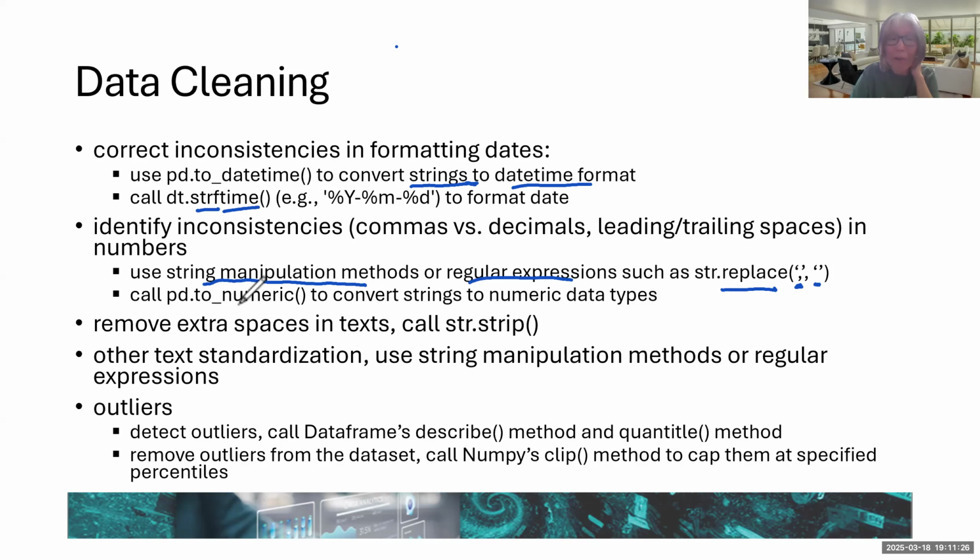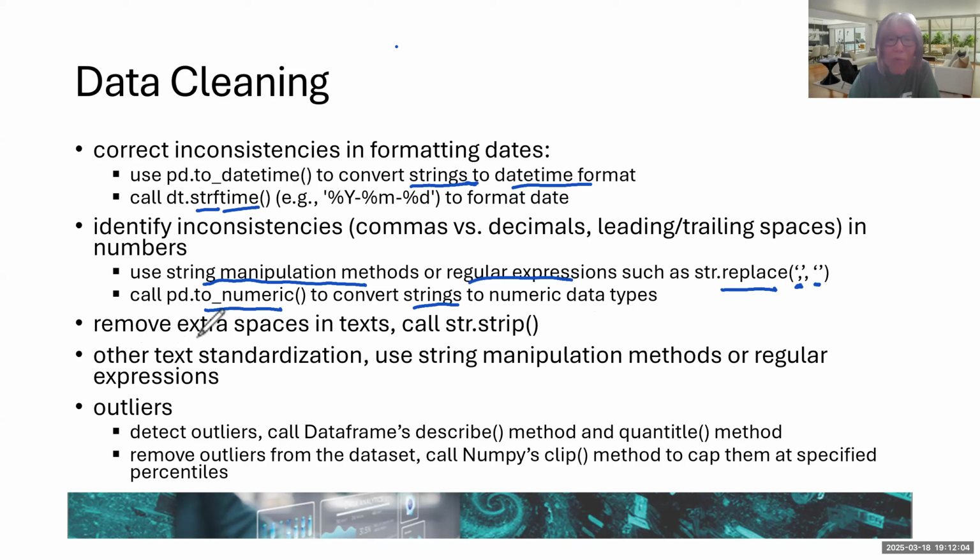Another one is to convert a string. Normally with raw data, even though you have numbers, they are considered as strings. In that case, you can use to_numeric to convert from string format to a numeric data type so that we can do some analysis, especially later on when we learn modeling, since modeling can only deal with numeric data.